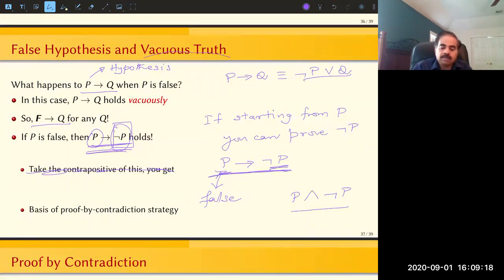So if you start from P and then you prove not P, that's called proving by contradiction. And the net conclusion you can make is that P must have been false to start with.